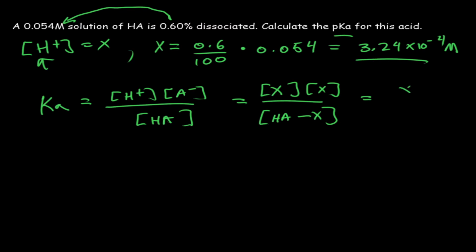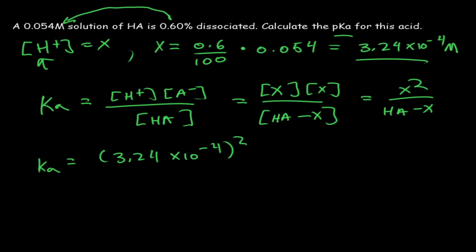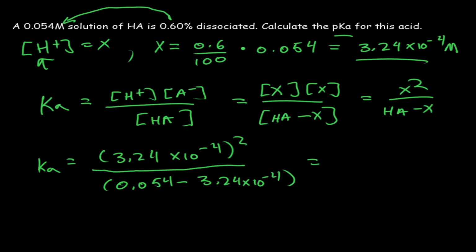And that further simplifies to X squared over HA minus X. So our Ka value is simply 3.24 times 10 to the negative 4 squared divided by 0.054 minus 3.24 times 10 to the negative 4. That will give us a value of 1.95 times 10 to the negative 6. Our negative log of the Ka will give us our pKa.